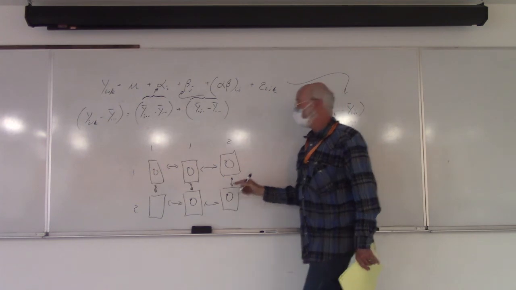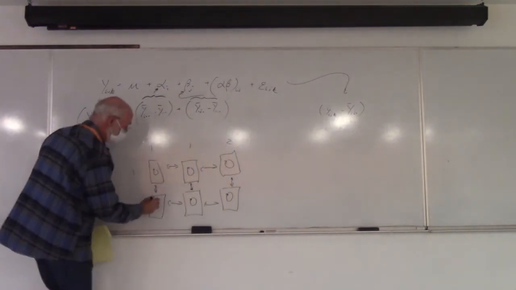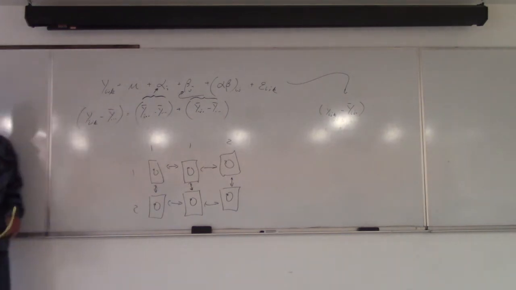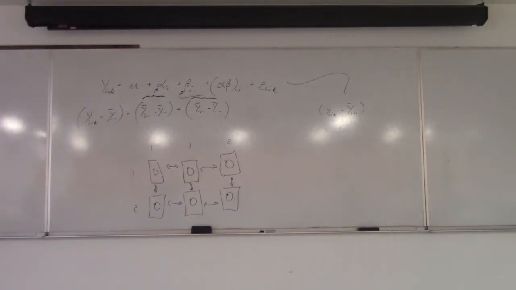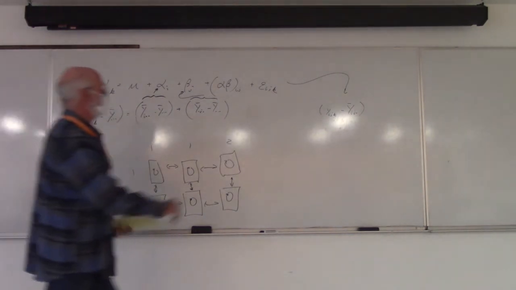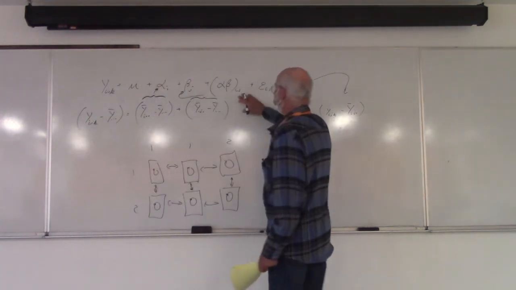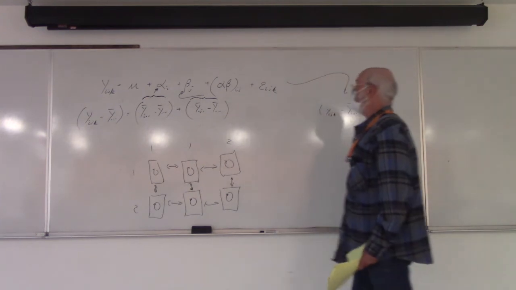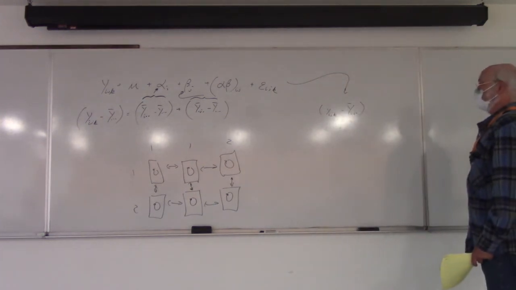So we're looking at the variation within each of these experimental units. So now what we have left over is this alpha beta part. Let's figure out what it has to be.